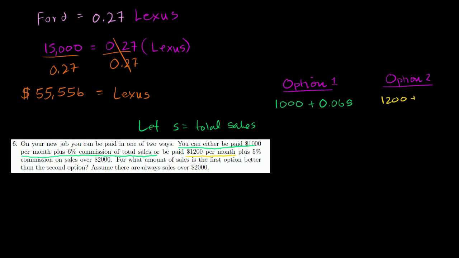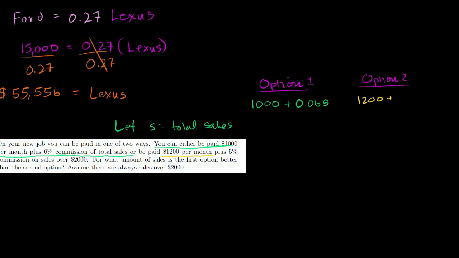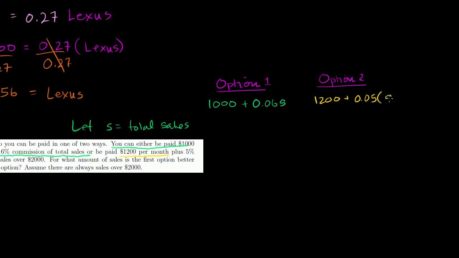So plus 5% of sales over $2,000. If my sales are S, my sales over $2,000 are going to be S minus $2,000. If my sales are, let's say, $3,000 in a month, the sales over $2,000 are going to be $3,000 minus $2,000, so $1,000 over $2,000.